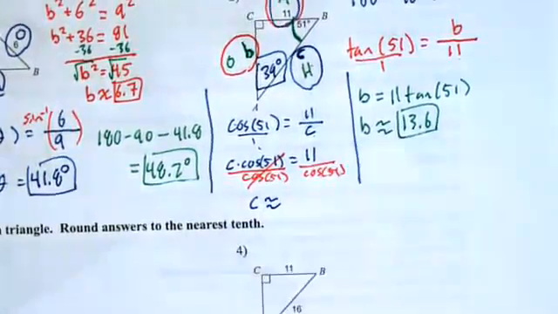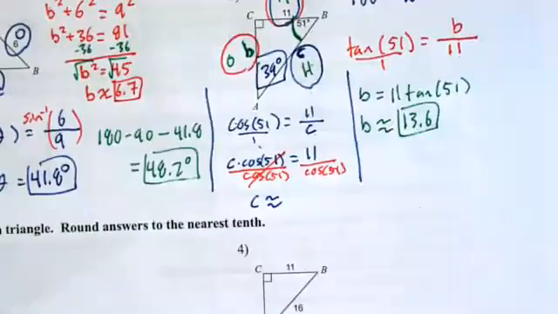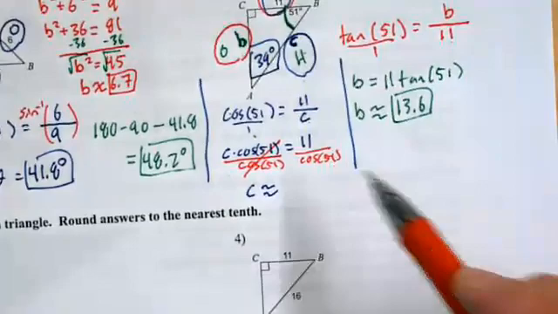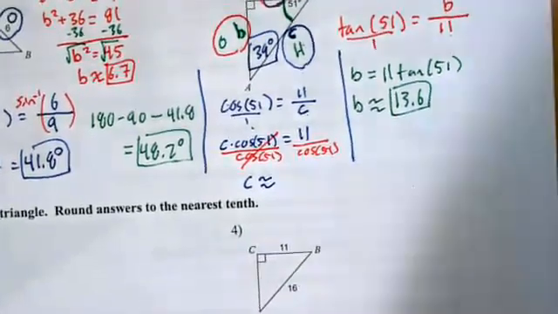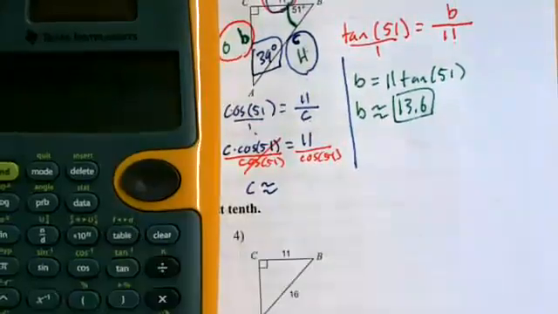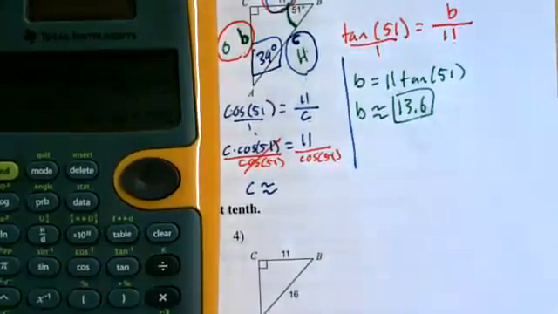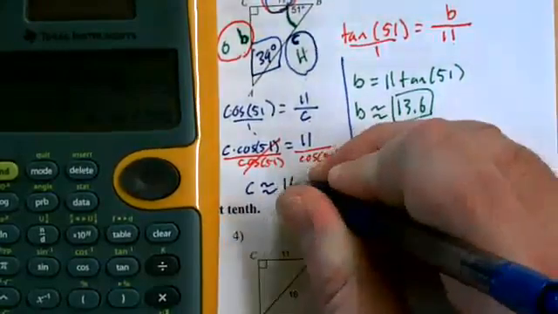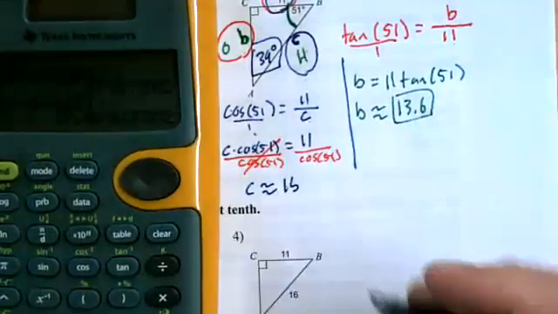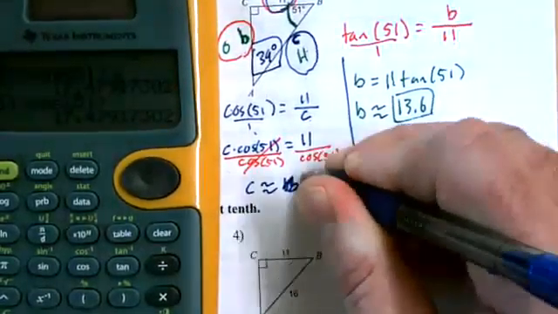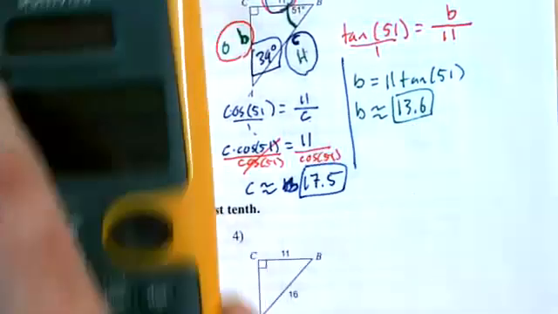And over here, we'll let the calculator do the hard work. That's 11 divided by cosine of 51. 11 divided by cosine 51 comes out to about 17.5. Now we've got all of our missing pieces.